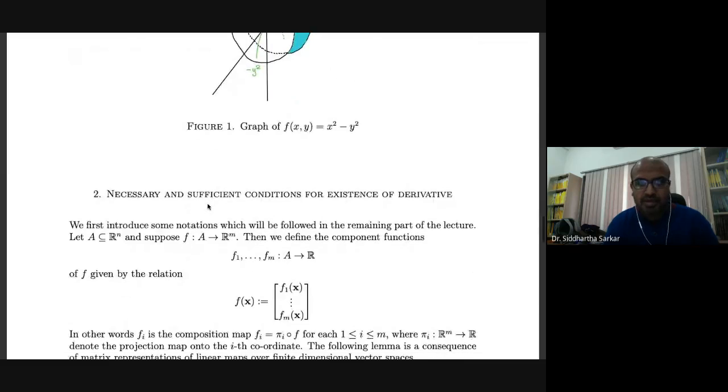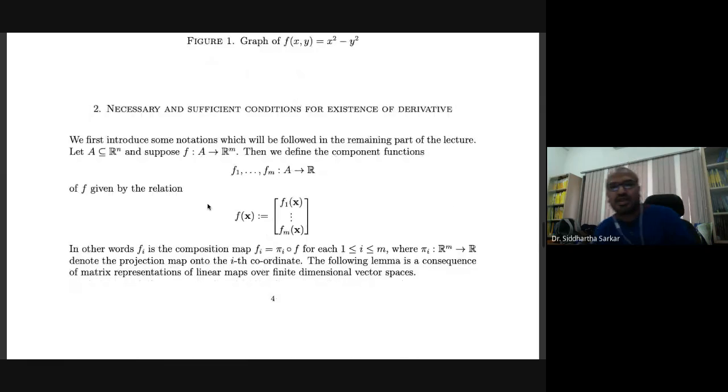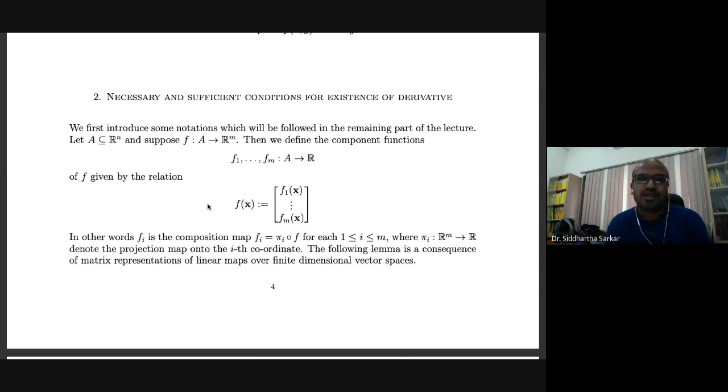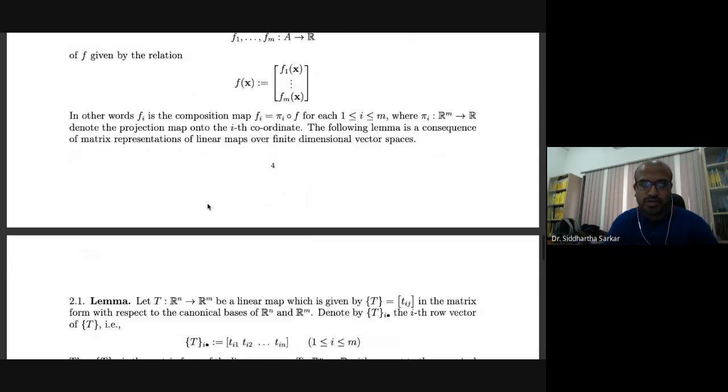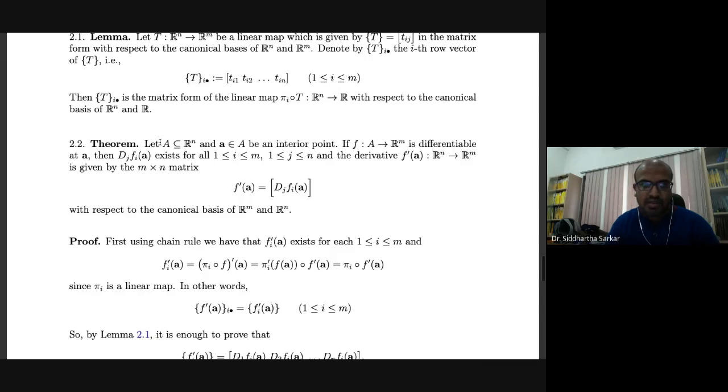Now we are going to turn to how we prove the existence of the derivative out of some condition, some kind of converse to this. First, we are going to prove the following result. Let's go to the result first.